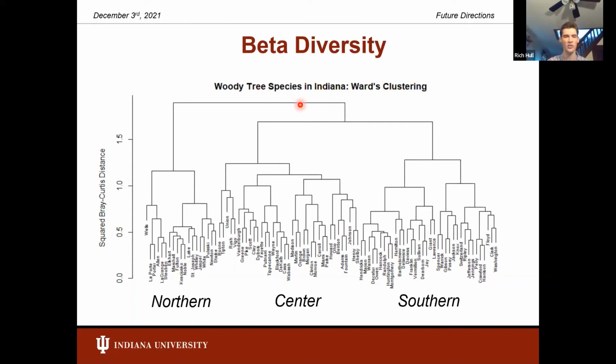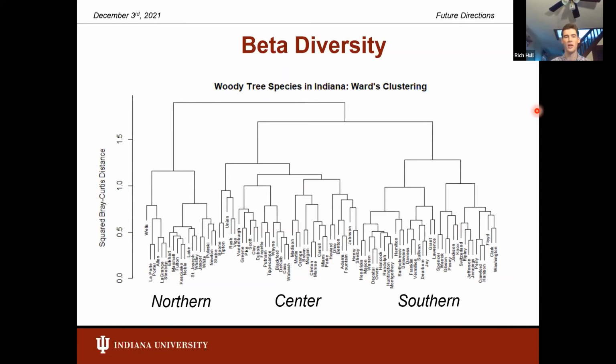Here we have essentially the northern counties all break into one group. The center counties break into one group, and the southern counties break into one group. It's important to note that the center and southern counties have more similar woody tree species diversity than the northern counties do to either one.